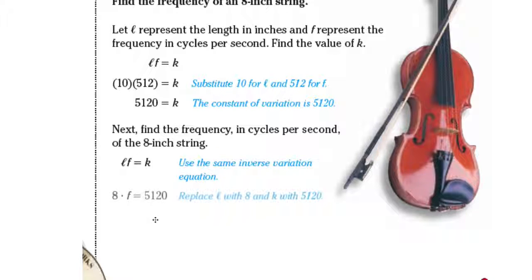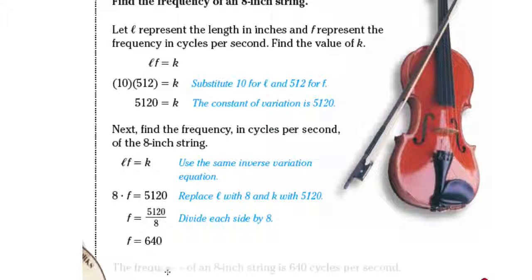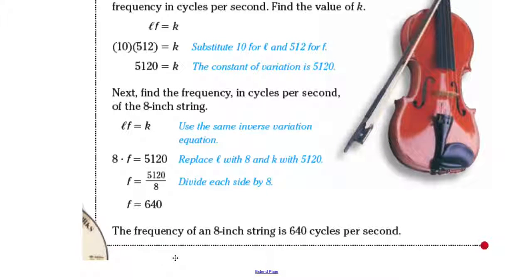So substituting the values, we have an 8-inch string multiplied by F is equal to the constant of the variation, 5,120, and we simply divide both sides by 8. We end up with 640. So the frequency of an 8-inch string is 640 cycles per second.